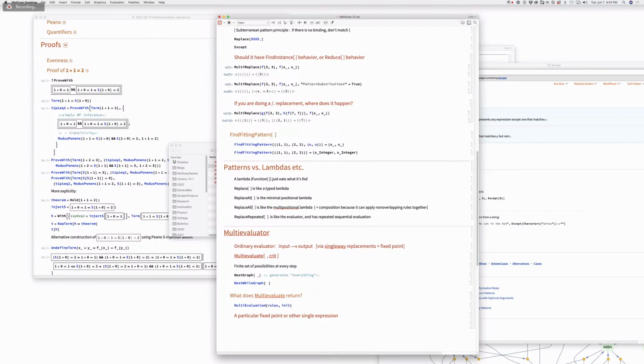Okay, but what can you get from multi-evaluation? That's really the question, right? So you can get a particular fixed point or other single expression with a criterion. Does that make sense to people?